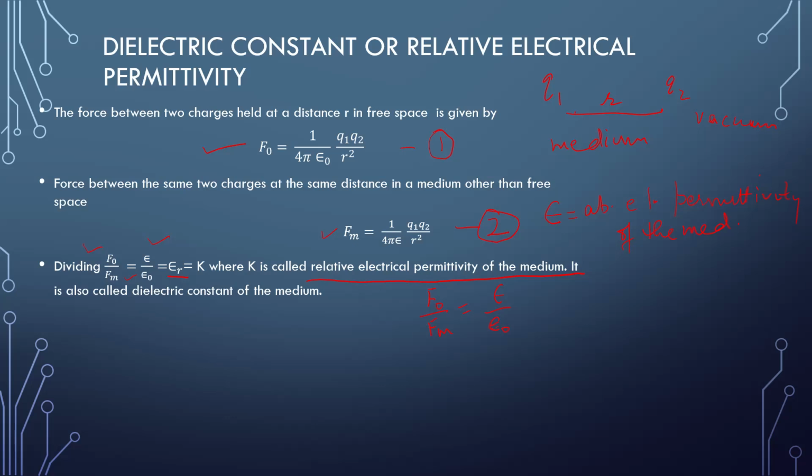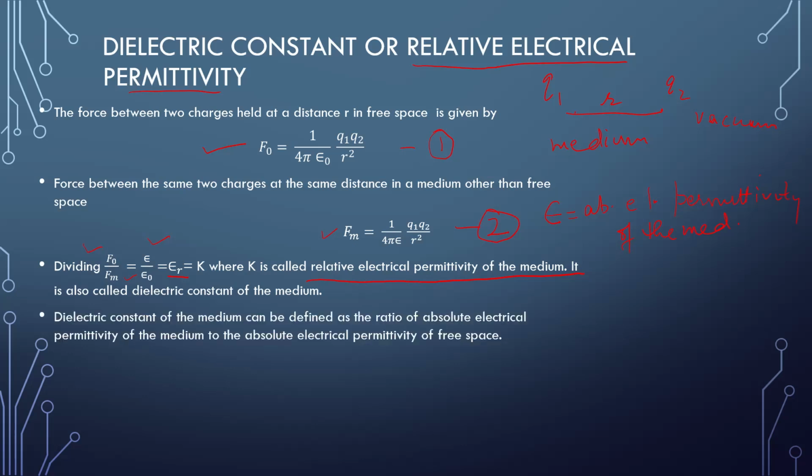Both words are used for it. Epsilon r is called the relative electrical permittivity of the medium, also denoted by k, which is also called the dielectric constant of the medium.